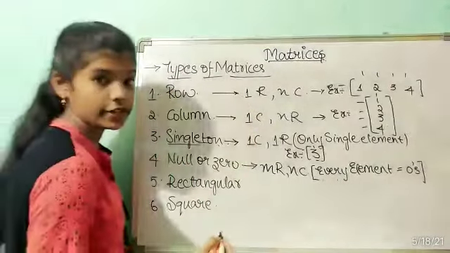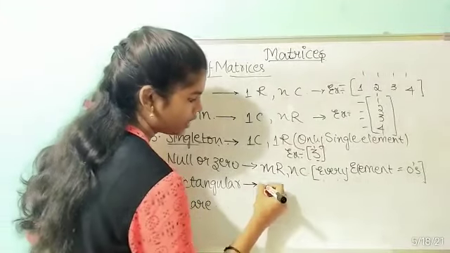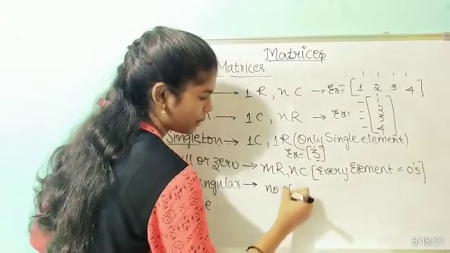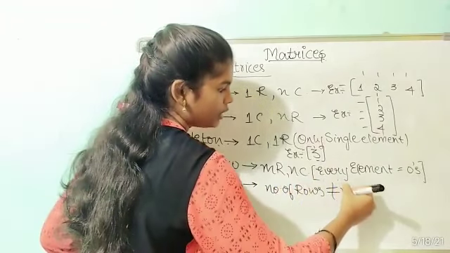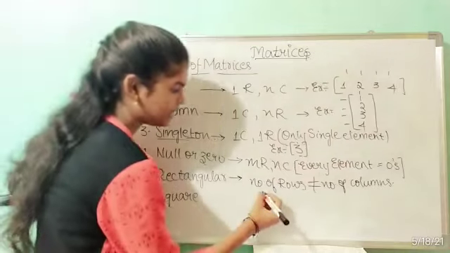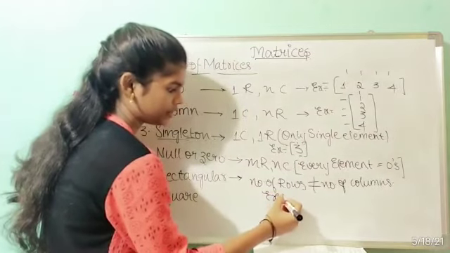Moving on to the next, rectangular matrix. Here, number of rows must not be equal to number of columns. Example of rectangular matrix.